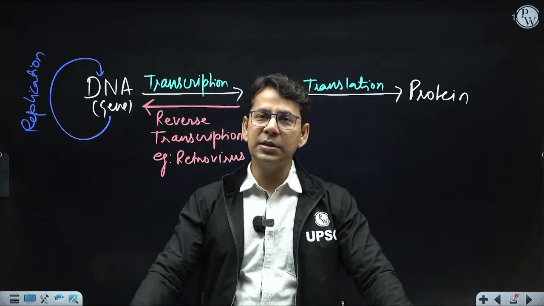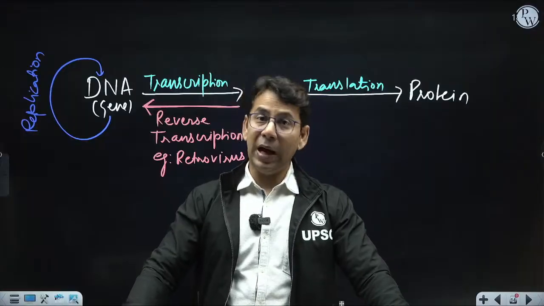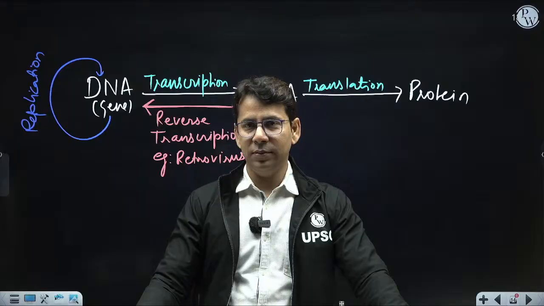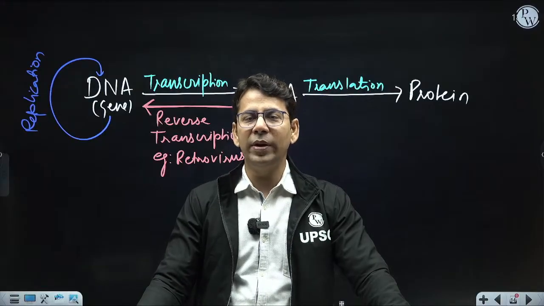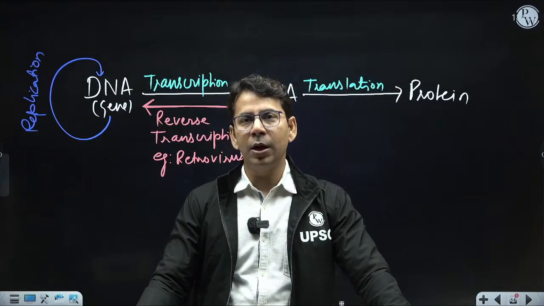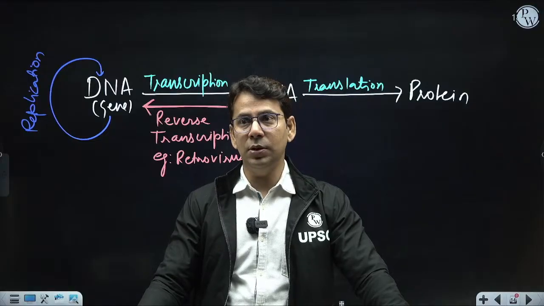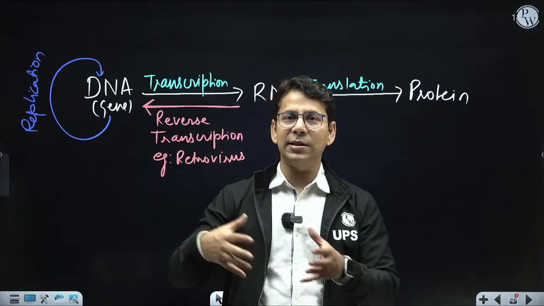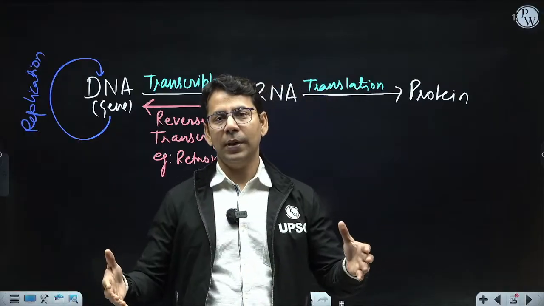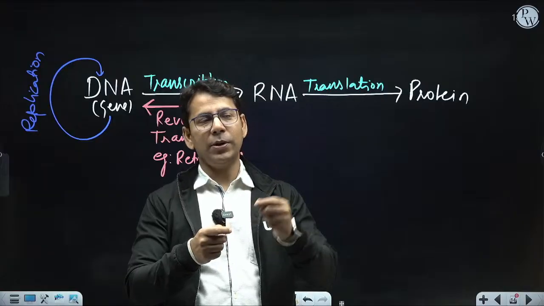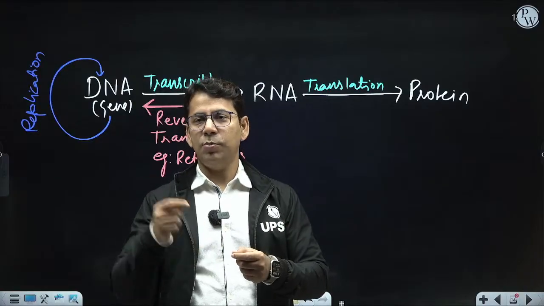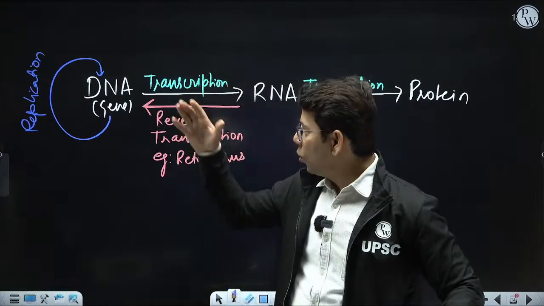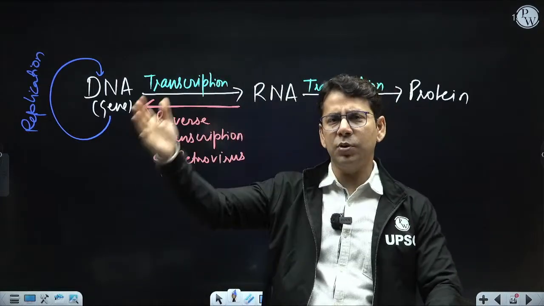DNA is the CEO having all the information, but not going directly anywhere. What's the point of becoming CEO when you have to go and talk to the factory workers? Obviously, you are CEO, you are Sundar Pichai. Sundar Pichai has hired many managers under him, and he assigned a particular job to one manager, another job to another manager. So a DNA molecule may make many different types of RNAs.